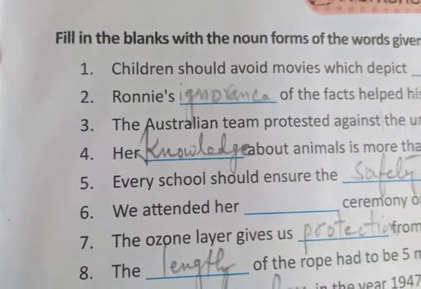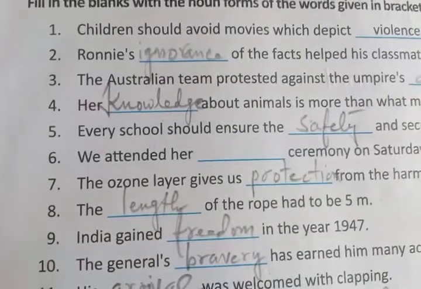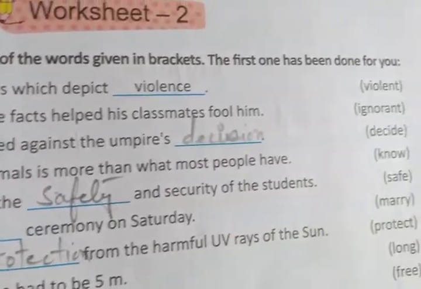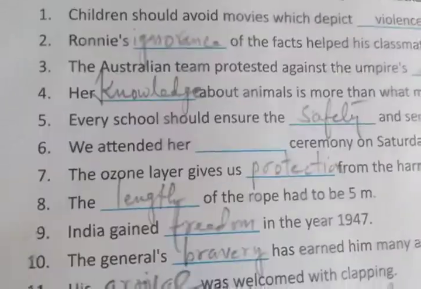Next, the Australian team protested against the umpire's decision. Here decide is given, so that became decision. Next, her knowledge about animals is more than what most people have. So from know it became knowledge.